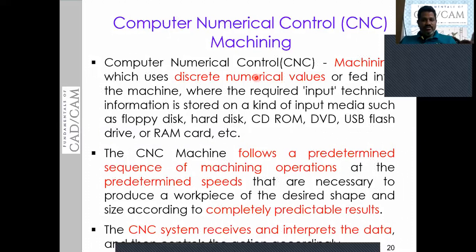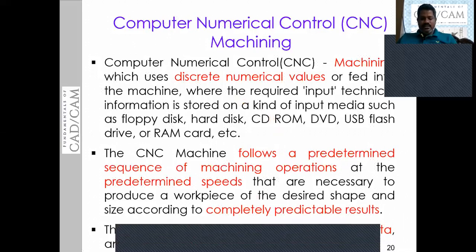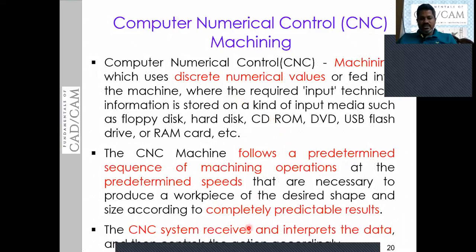In this case, we have a computer to control the movements of the tool, where we feed the program. The devices after the program preparation are the same. Then the CNC machining system receives the program and interprets the data, then controls the motion according to the instructions of the program in the computer.